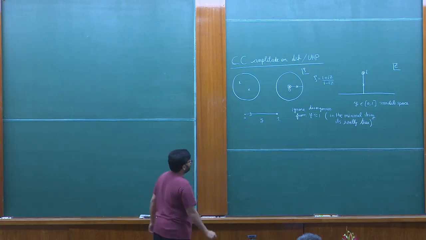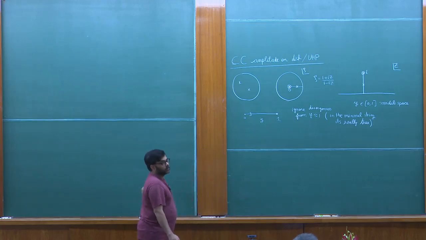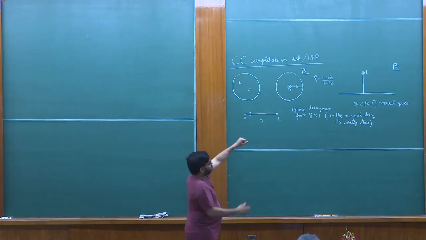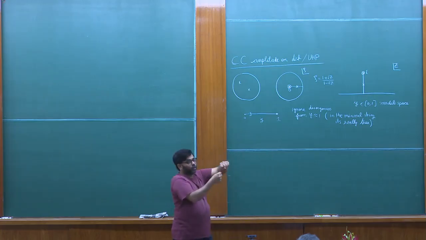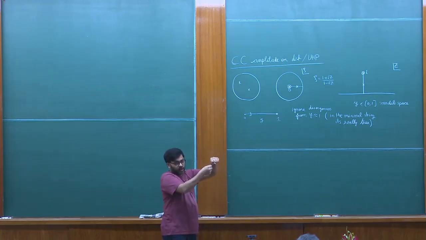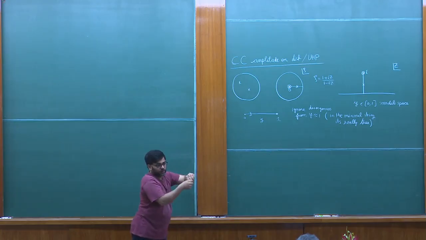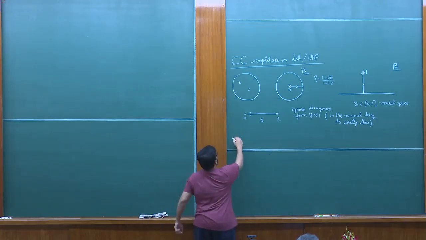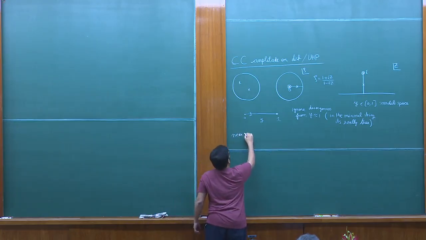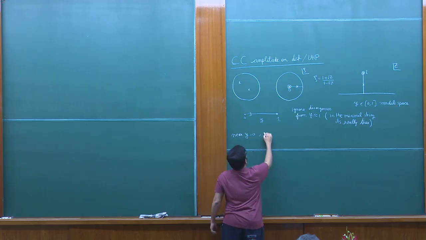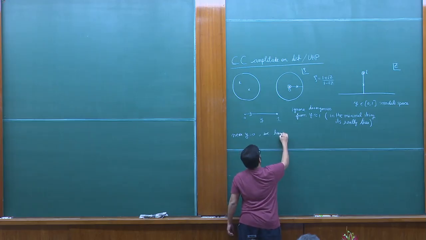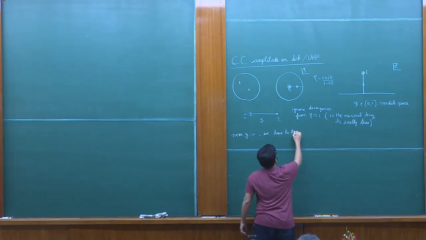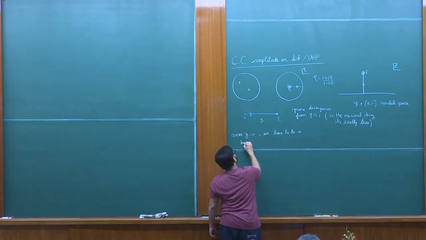Near y equal to 1, there are two closed string punctures that are approaching each other. So you literally do an OPE between those two, like a bulk OPE, right? Whereas near y equal to 0, we have to do a bulk boundary OPE.